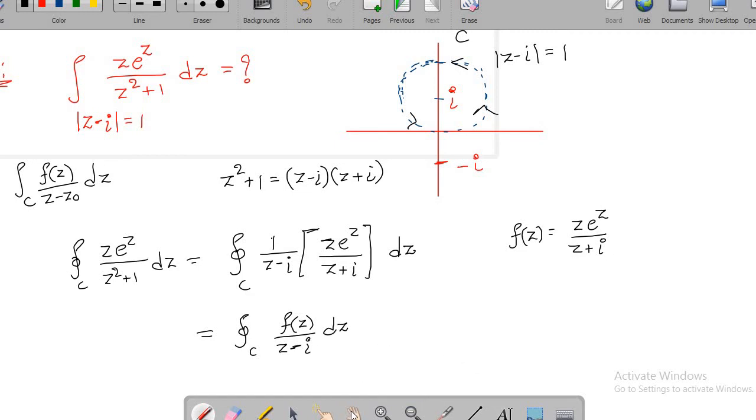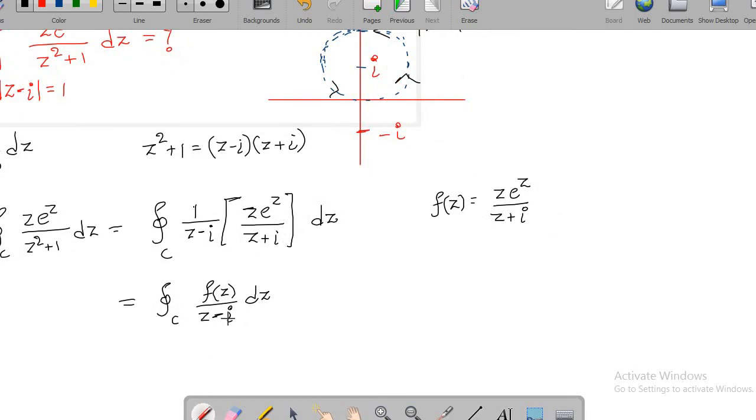So using the Cauchy integral formula, since i lies inside this curve, the answer to this problem is 2 pi i times f of i. Why? Because the problematic point is z naught, where z naught is i. And f of z is nothing but this, so you substitute i in place of z.